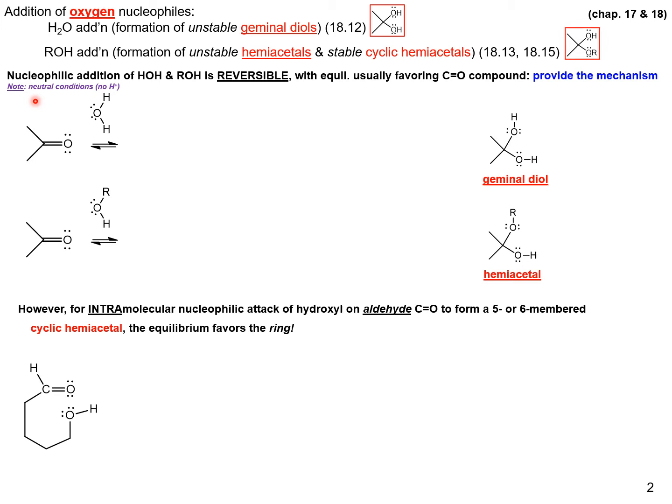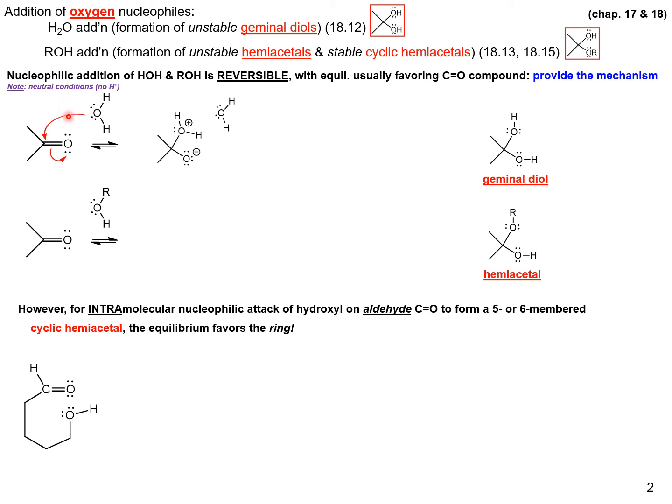If you remember from the first video, we looked at general reaction mechanisms, where you have a neutral nucleophile adding to an aldehyde or ketone under neutral or basic conditions. And the first step was nucleophilic addition to the carbonyl.